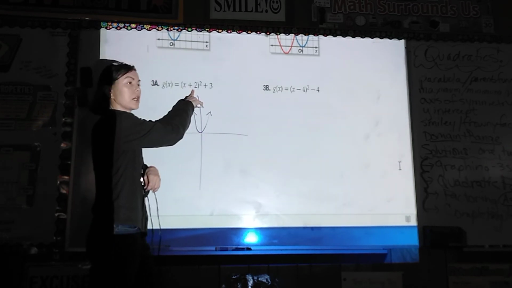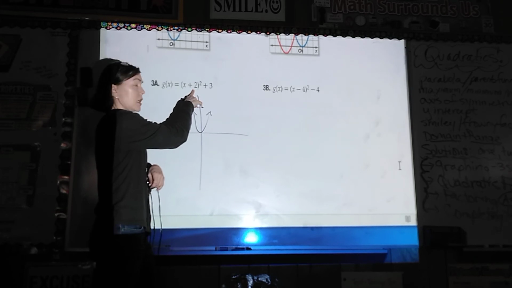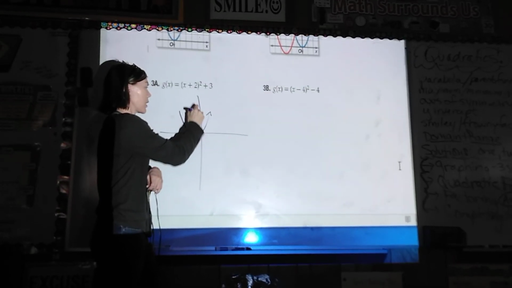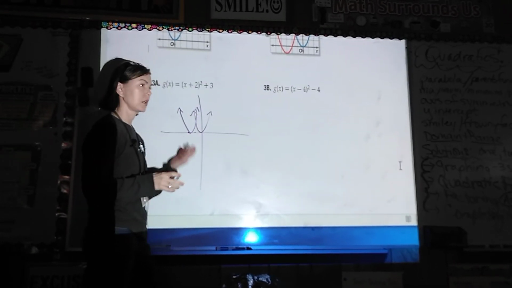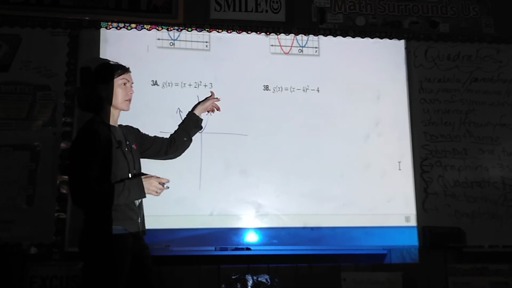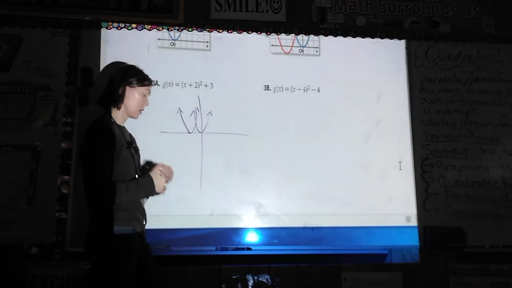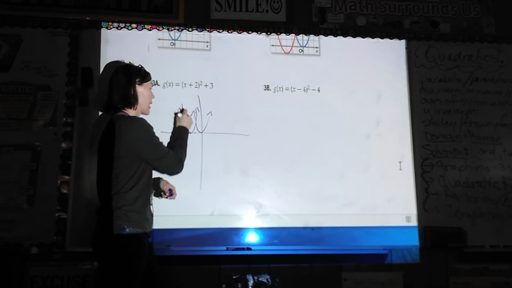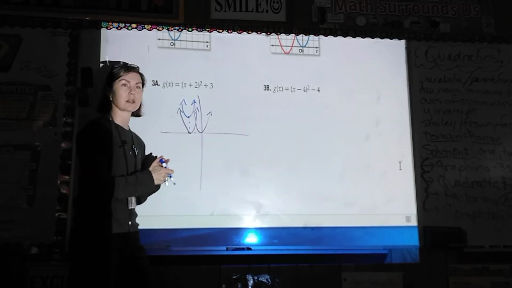What does this +2 mean? It's going to do the opposite. It's going to go 2 spaces to the left. 1, 2. Okay? So here, this is where we are right now. I should put that in blue. Okay? And now what does this +3 mean? It's going to go up 3 from there. So 1, 2, 3. Okay? And there you go. Perfect.